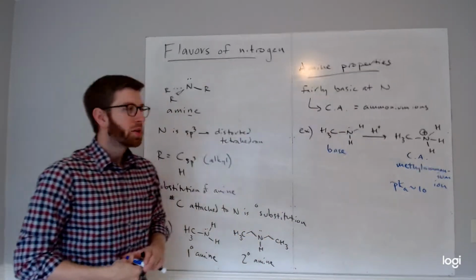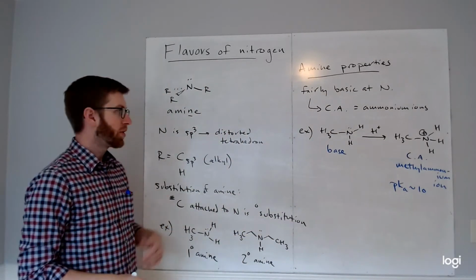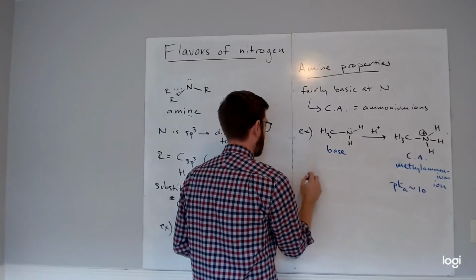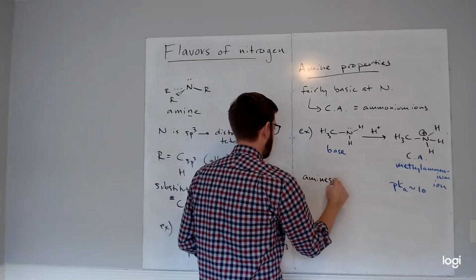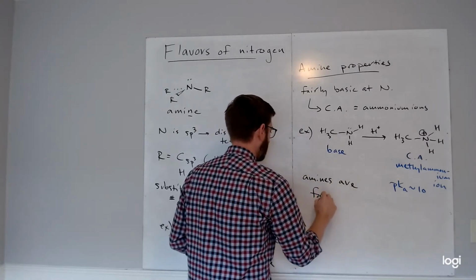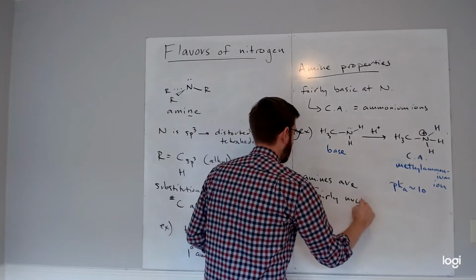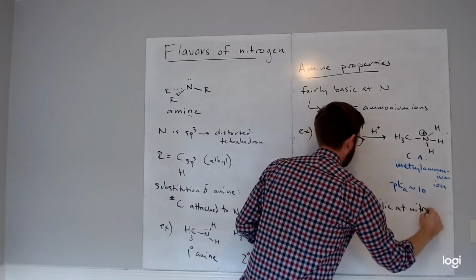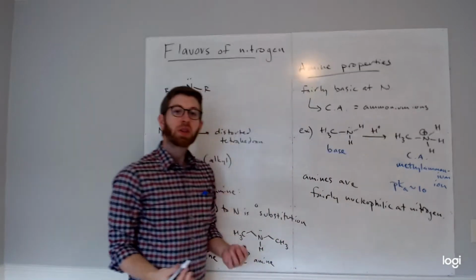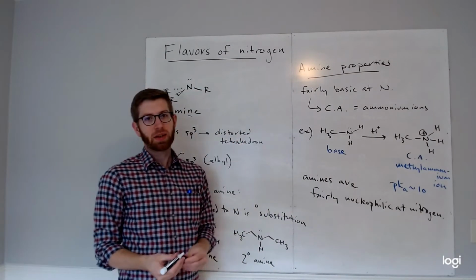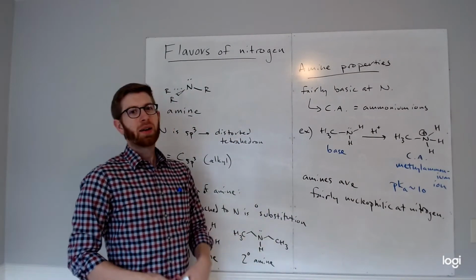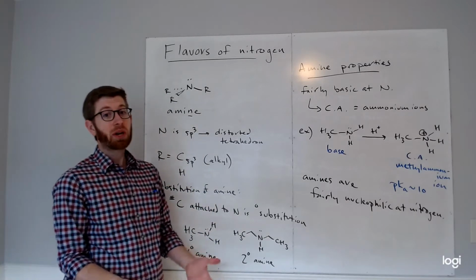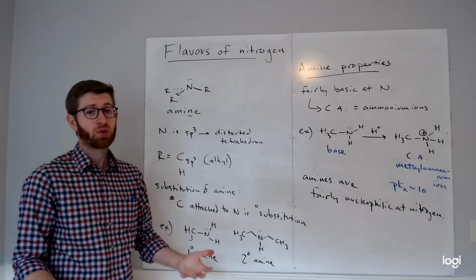Okay, so these primary amines, or sorry, these amines are also nucleophiles. They're fairly nucleophilic at nitrogen. For the same reason that we saw they were somewhat basic, right? The lone pair is kind of stable. So these aren't the world's best nucleophiles, but they're certainly better than, say, most neutral oxygen atoms, right?